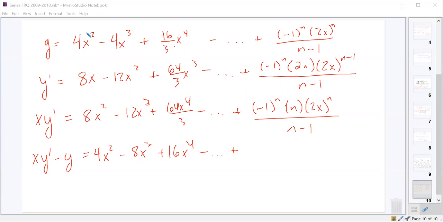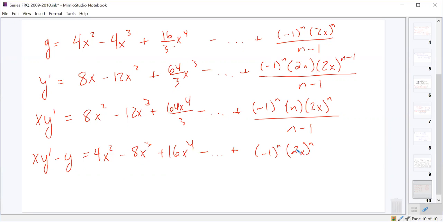I mean, I've still got, what do I have here? I have an alternating series, right? And what's happening to each of these? These all start at n equals 2, right? So this is 2x to the power of n each time, but it's alternating.